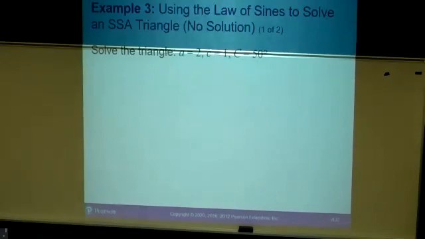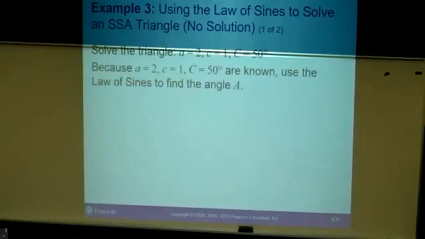So here we have A equals 2, C equals 1, and C is 50 degrees. So setting up the law of sines to find out what angle A is.